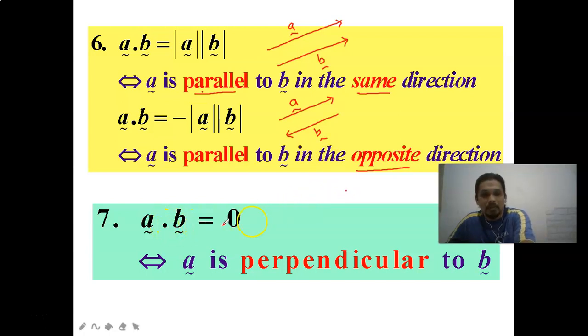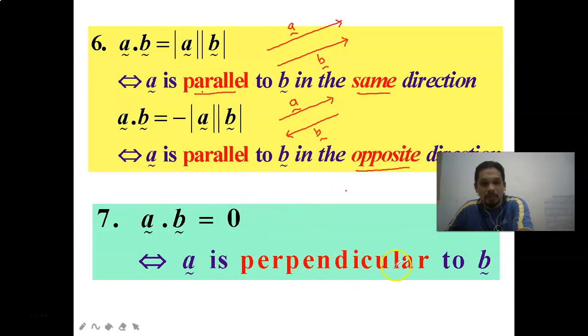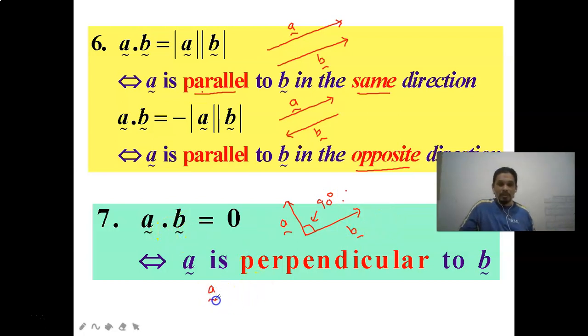Okay, A dot B equals 0 if A is perpendicular to B. Vectors A and vectors B. Perpendicular means that the angle formed between the vectors A and B is 90 degrees. So A dot B equals modulus of A multiplied by modulus of B times cos 90 degrees.